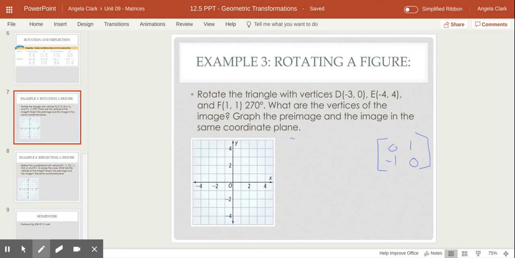I need to find my pre-image matrix so that I can multiply them together. I'm given my original points, so I don't have to figure them out. I can just write them down.